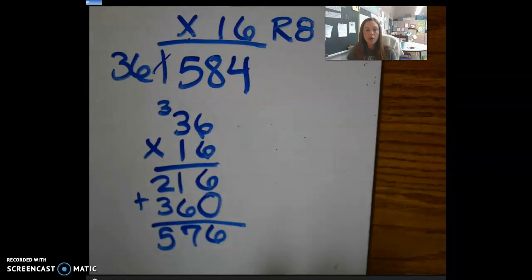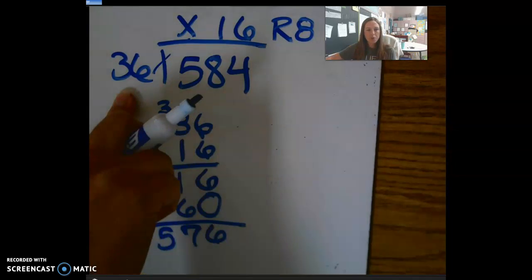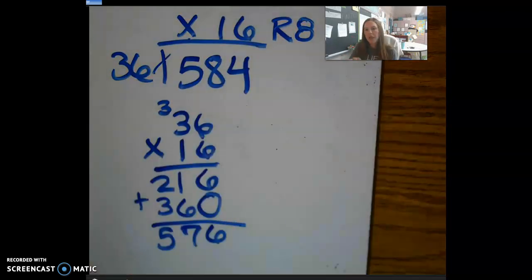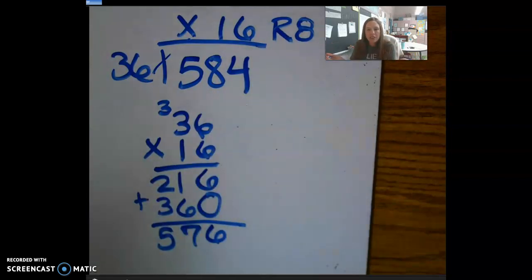Well, this is where our remainder comes in. If you remember, when we talk about what it means to have a remainder, it means that I've been able to split up 584 into 36 equal groups with 16 things in each group, but 8 pens, let's say I was dividing up pens, 8 of the 584 didn't have a spot.